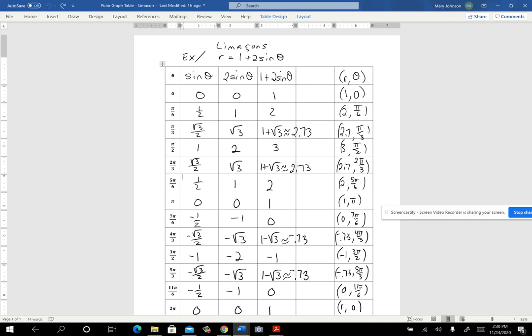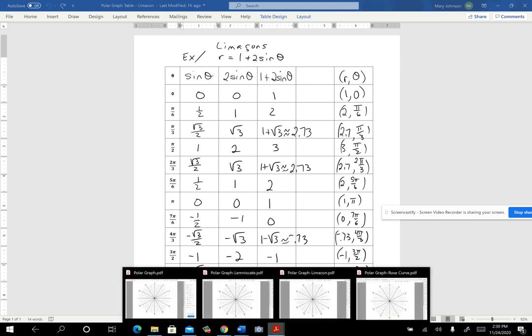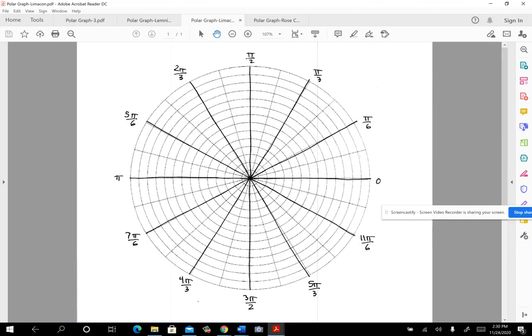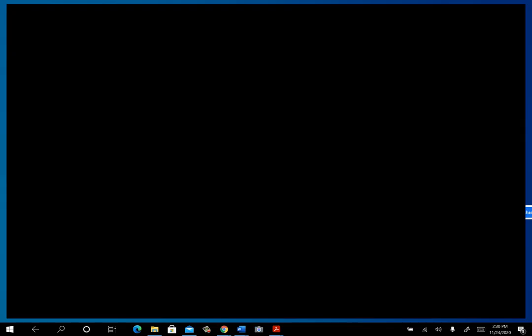Okay. So what I'm going to do is go pull up the graph paper, and I posted some of this for you. And you just start plotting those points. Okay. So I'm using those ordered pairs that we had on that table. I can't easily pull up both things. I'm going to see if I can snip it so you can see it and I can write on it. So let me do a full screen snip.